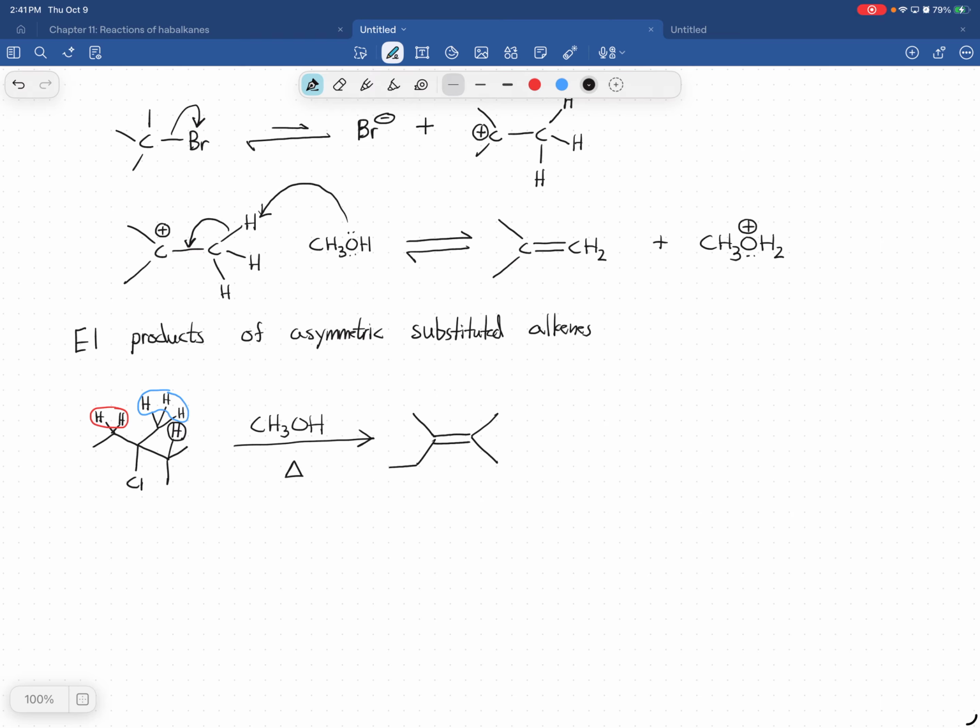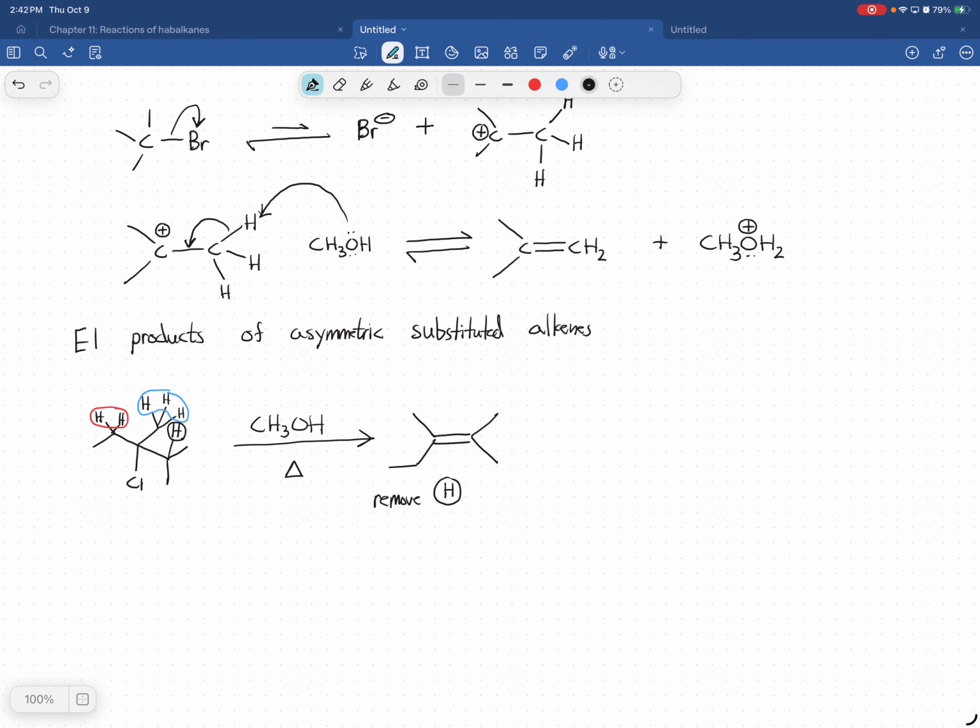So this one formed when, let's see here. Boom, we got the methyl group. Okay. So this alkene is from the black hydrogen, okay? So we removed this one. So you remove the black hydrogen. Imagine the double bond is forming in between those 2 methyl groups. You get this product, okay?